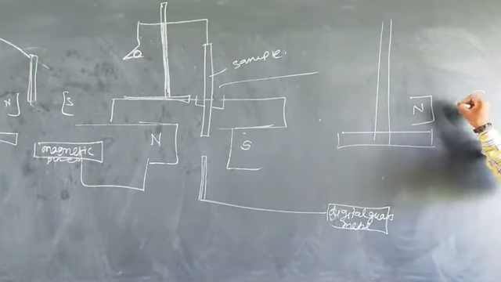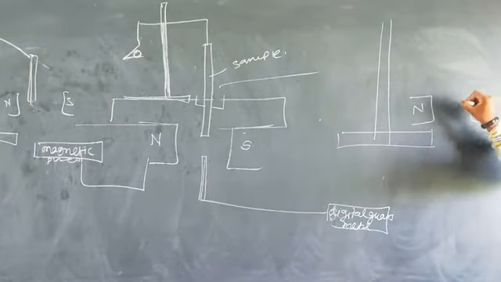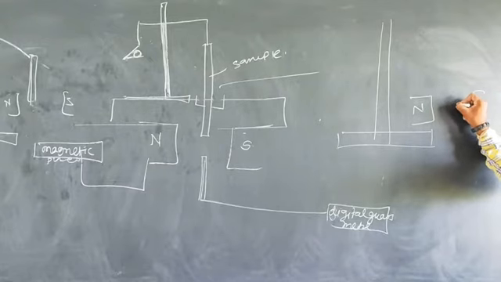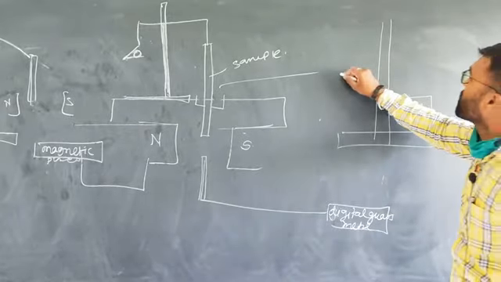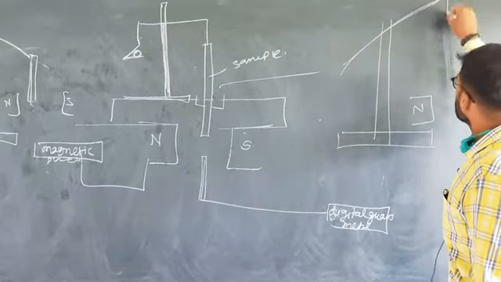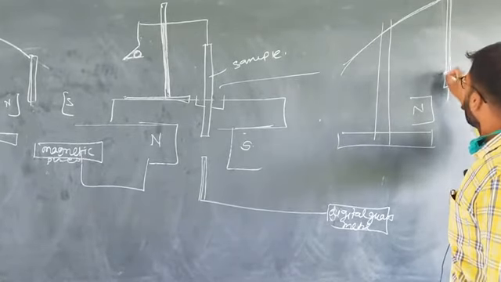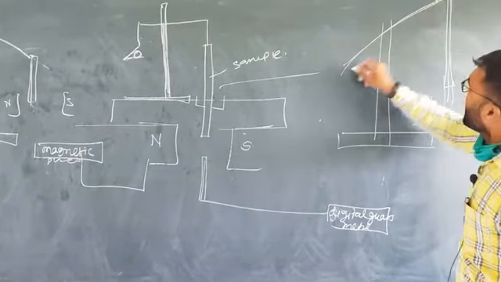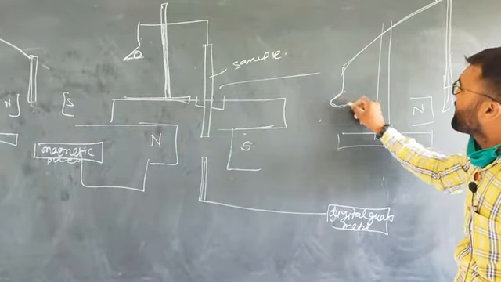That means when a diamagnetic substance is placed inside the external magnetic field, it repels the magnetic field, so the situation now becomes like this. This material is repelled by the external magnetic field.